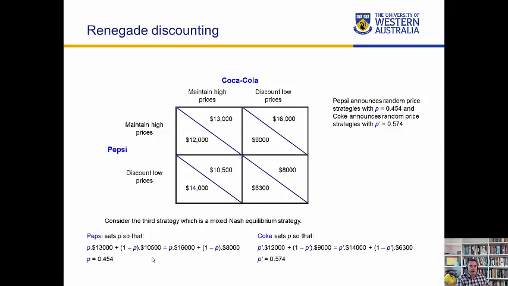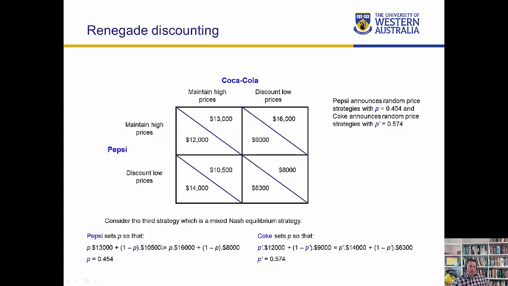If it can do that, Coke has no incentive to charge high prices continually. It's got no incentive to charge low prices continuously, because Coke would be earning the same profit under both scenarios, high or low prices.